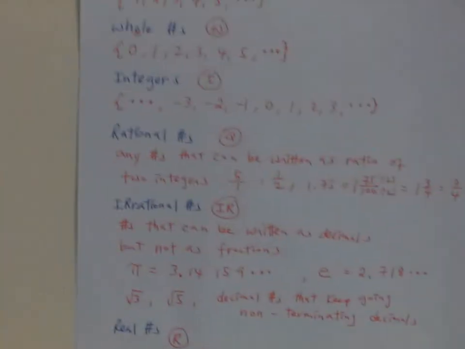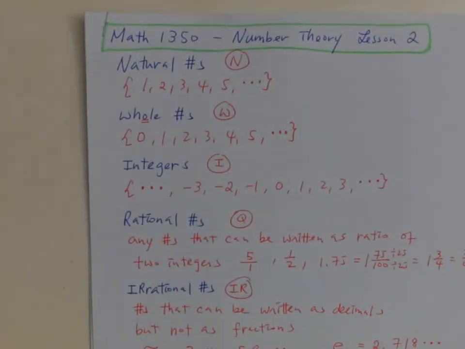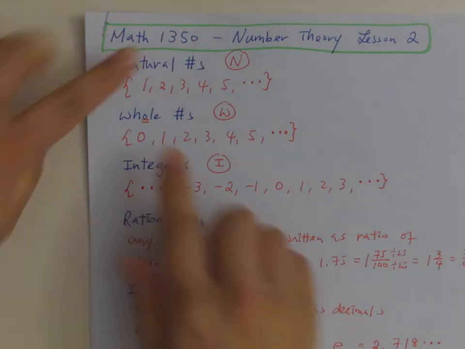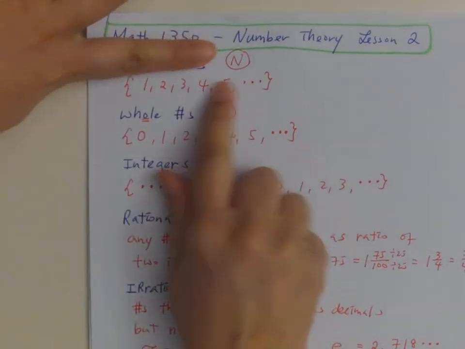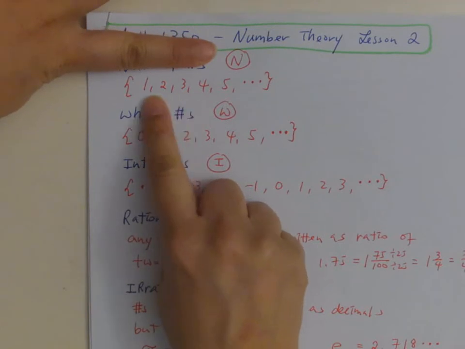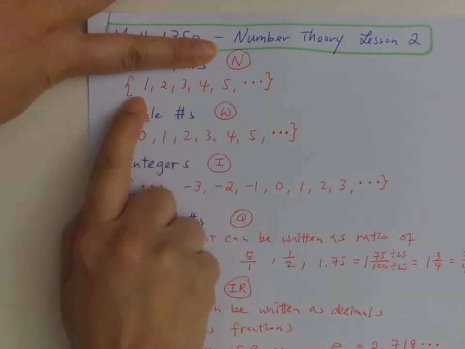Another thing you may want to be careful about is, for number theory, make sure you know these terms a little bit. You may have matching, so I want you to match exactly what they represent. So if I give you this set of numbers, you should know that's natural numbers because they are positive whole numbers without 0, right?